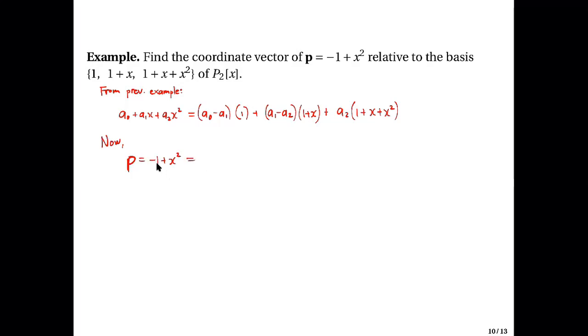Using this formula, a0 is negative 1, a1, there's no x part here, so a1 is 0, and a2 is positive 1. So we get negative 1 times 1, plus a1 minus a2, which is negative 1, times (1 plus x), plus a2, which is positive 1, times (1 plus x squared).